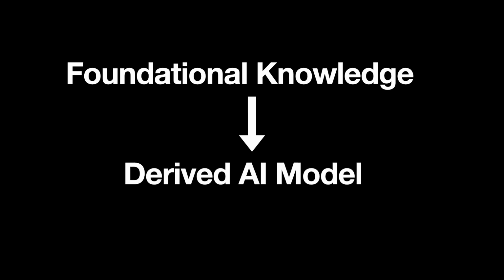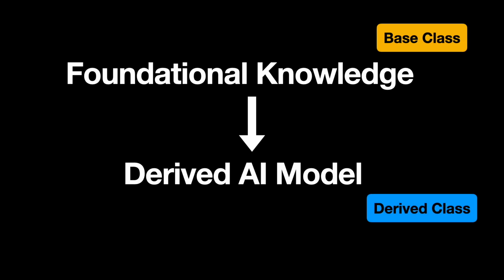So similarly, we have functional knowledge, which maybe can be considered a base class. Again, the derived AI models have many things from the foundational knowledge and the functional knowledge together, and it is a better version. So foundational knowledge would be a base class, and we can consider the derived AI model as a derived class.